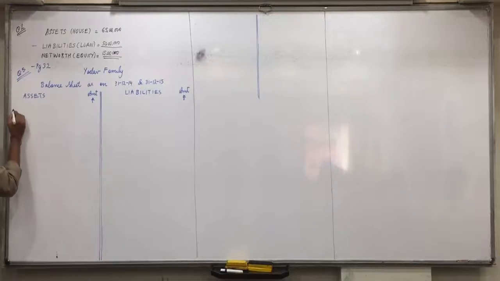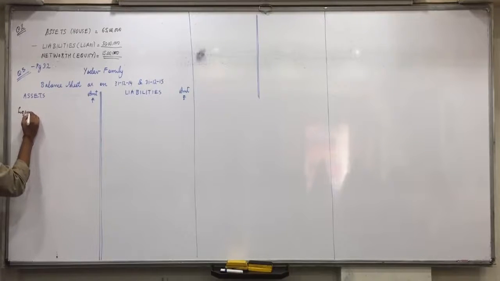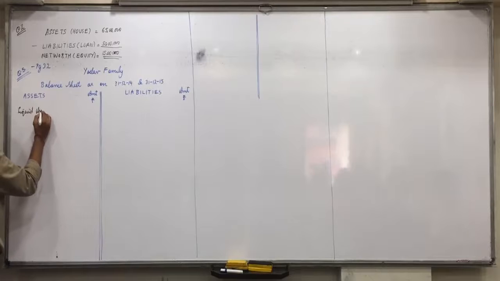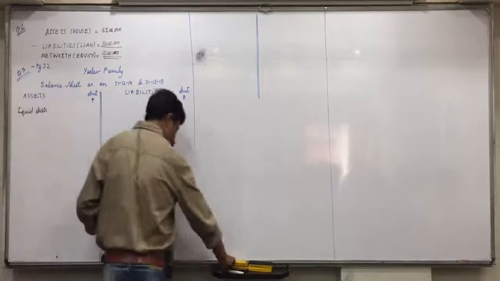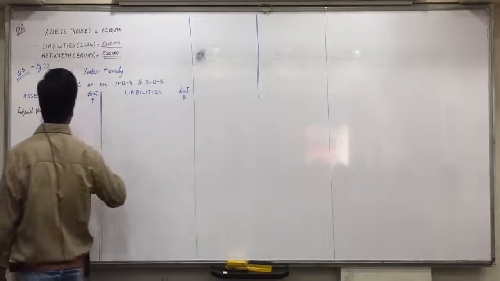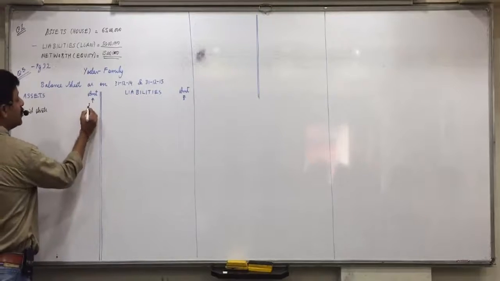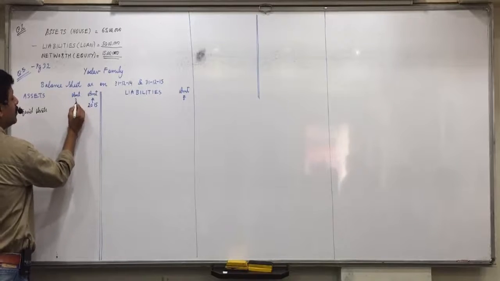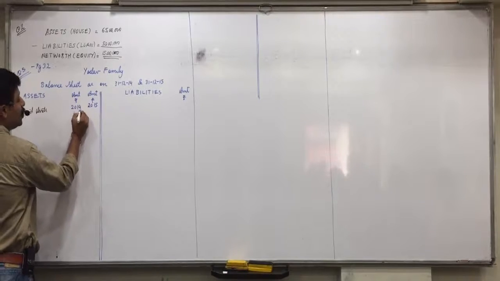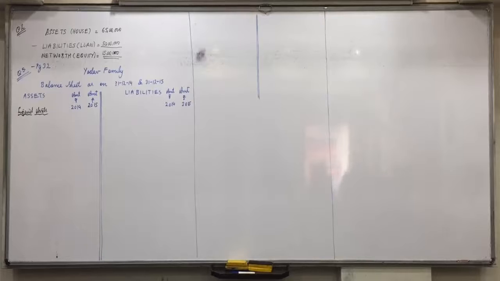First, liquid assets. Tell me all of them. Okay, we have to make it for 2 years. Make one more column. This is 2015 and this is 2014. Silence, everyone.